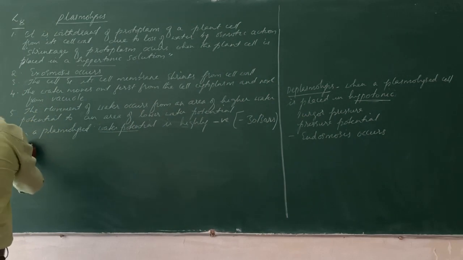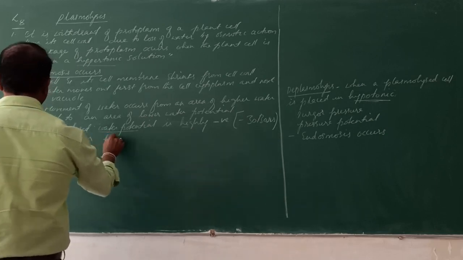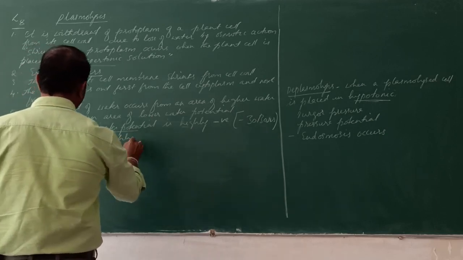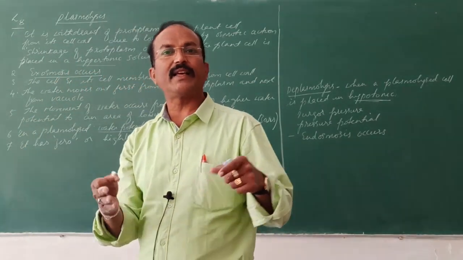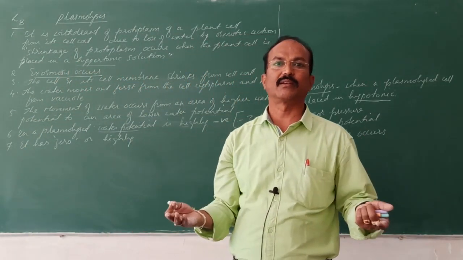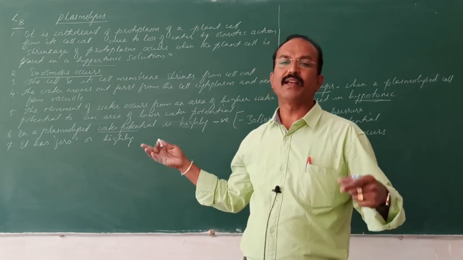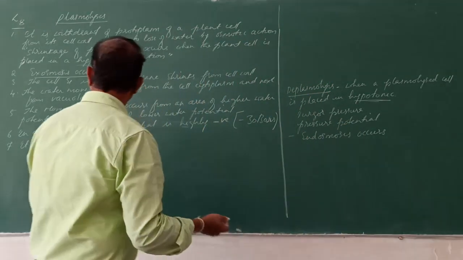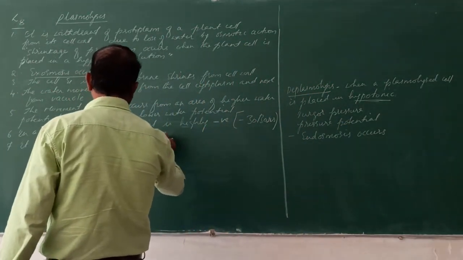Next, it has zero or highly negative pressure potential. Is there any pressure in the cell? In a turgid cell, there is a pressure, that is turgor pressure, so pressure potential will be there. But here is any pressure there? There is no pressure at all. So it has zero or highly negative pressure.